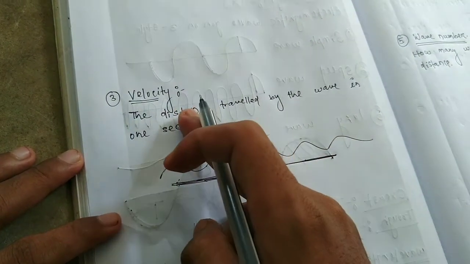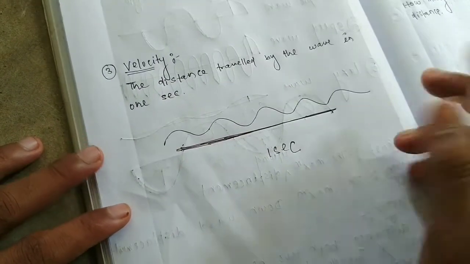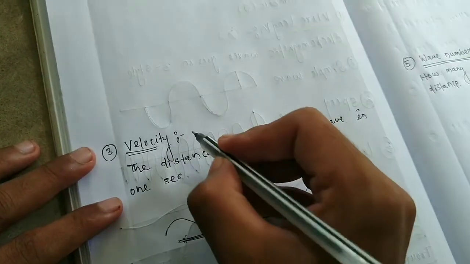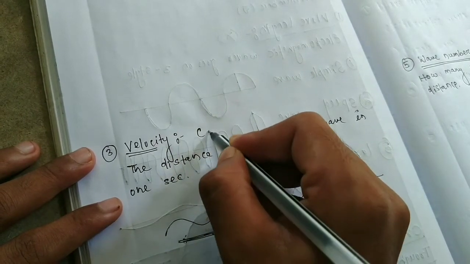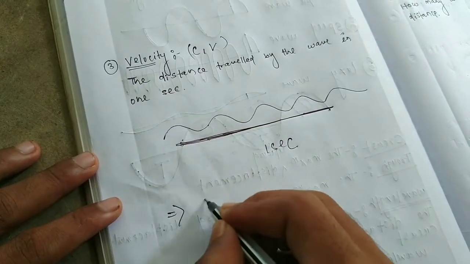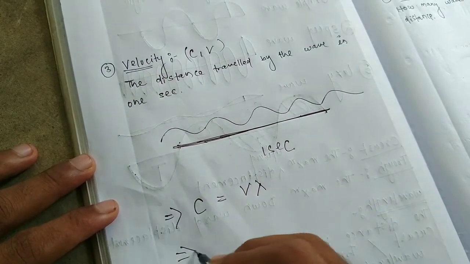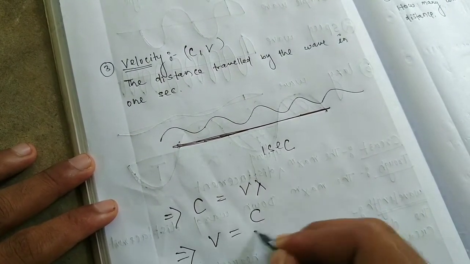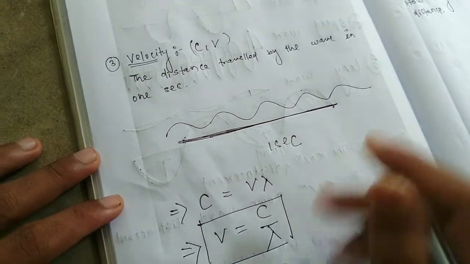This is the velocity. Velocity is given by c or v. So c equal to nu lambda, and nu equal to c by lambda. This is the formula of velocity.